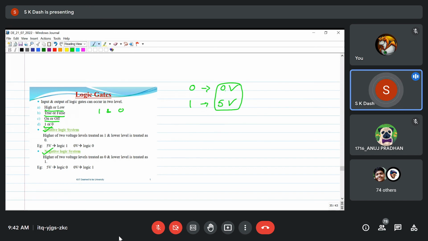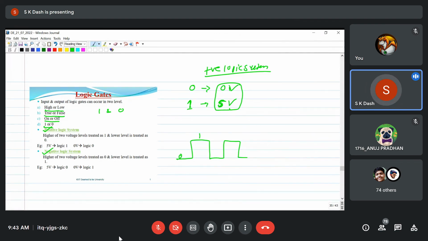Whichever is higher between these two, if we represent it as 1, then it is called a positive logic system.